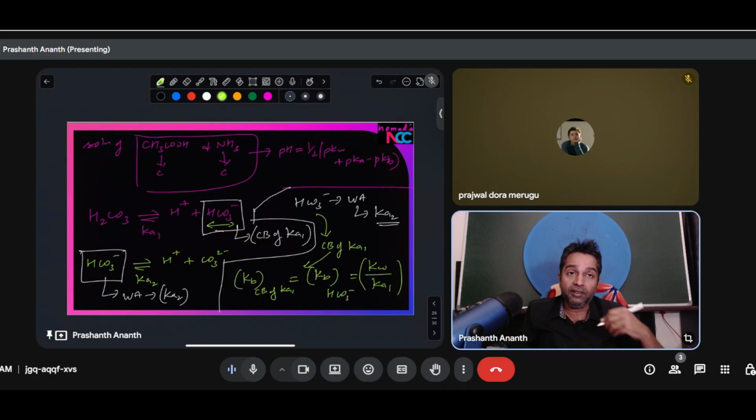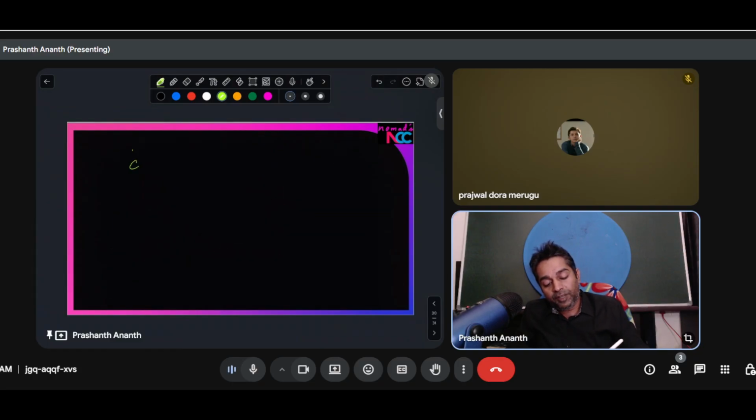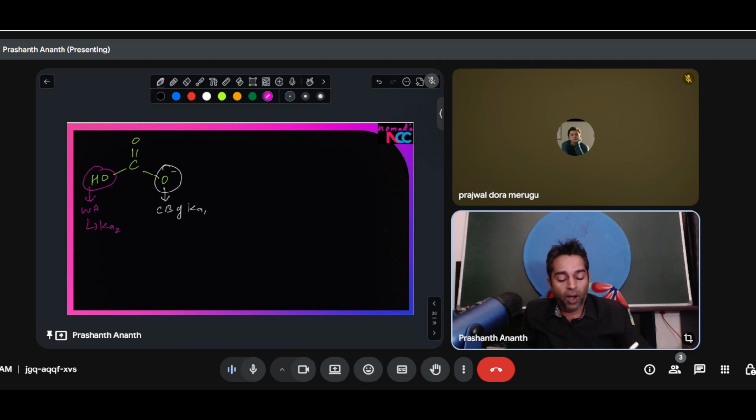What does this mean theoretically? This is the mathematical theoretical understanding; what does it mean from an imagination perspective? Let's look at the structure of HCO3-. The HCO3- structure will look like this. One ending is going to be an O- ending. This is going to be the conjugate base of Ka1. And this ending is going to be the weak acid Ka2. So, this white colored ending, the conjugate base of Ka1 ending, will be having Kb equal to Kw by Ka1.